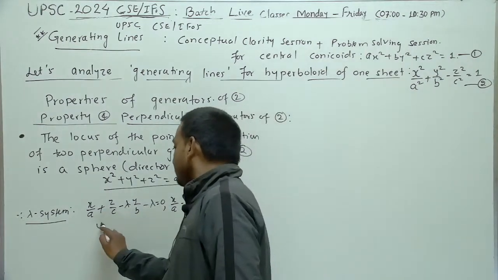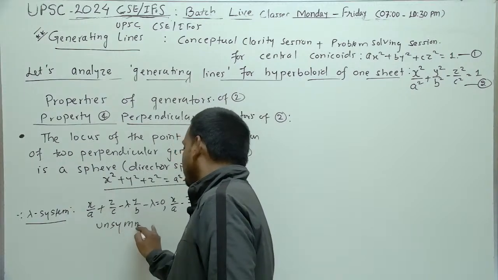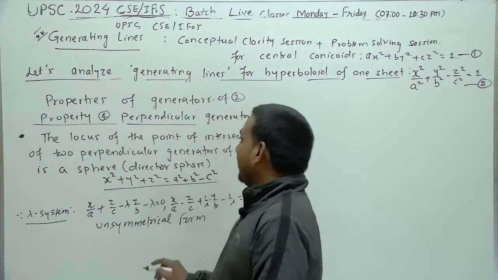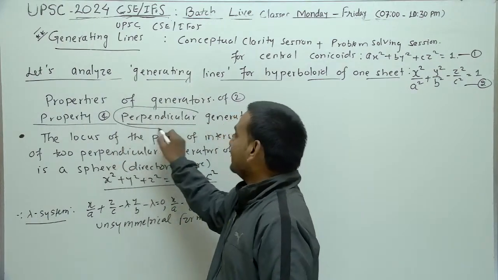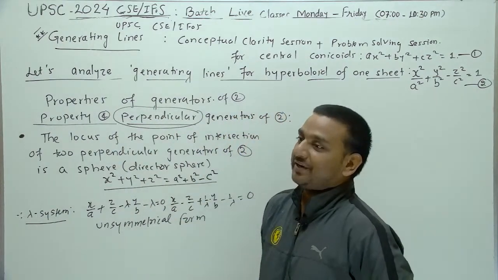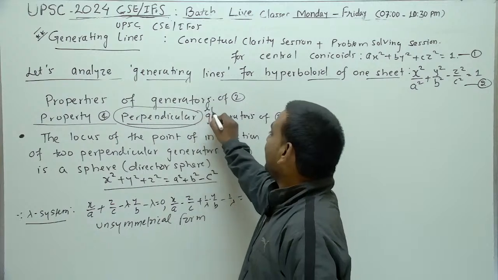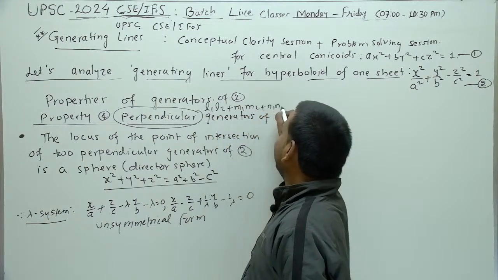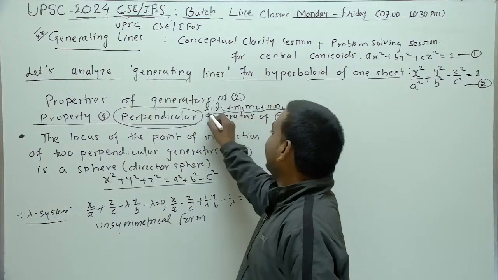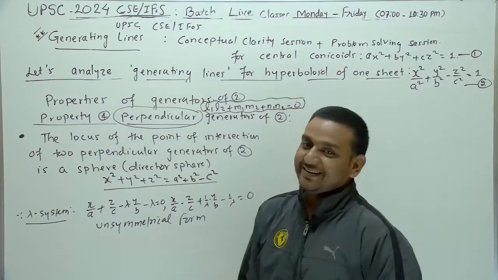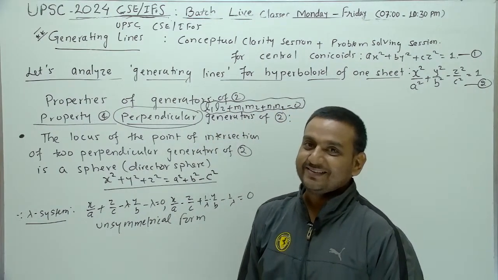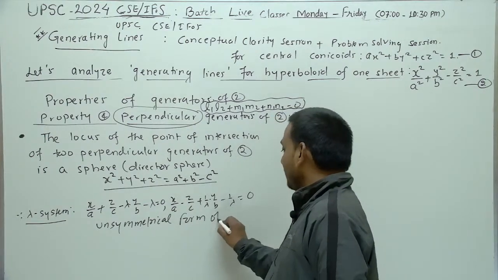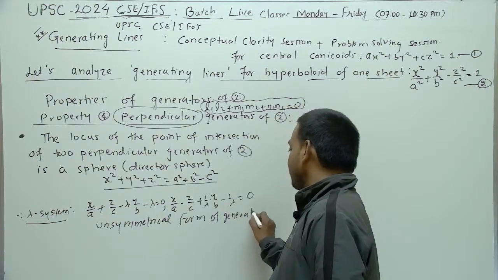This is the unsymmetrical form, two planes. But I am trying to discuss the perpendicular property. So it clearly indicates कि भाई मेरे को बताओ, did you get the point what we are going to discuss? So this is the unsymmetrical form of generator.